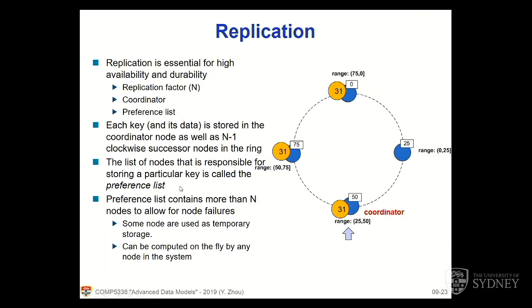It's a list, but you don't really need to store it because it can be computed on the fly by any node in the system, as long as they know the other nodes' tokens. And this knowledge is propagated to every node through the gossip protocol. Every node knows its own token, and it knows a few nodes in the system, so it will communicate with those nodes to exchange information.